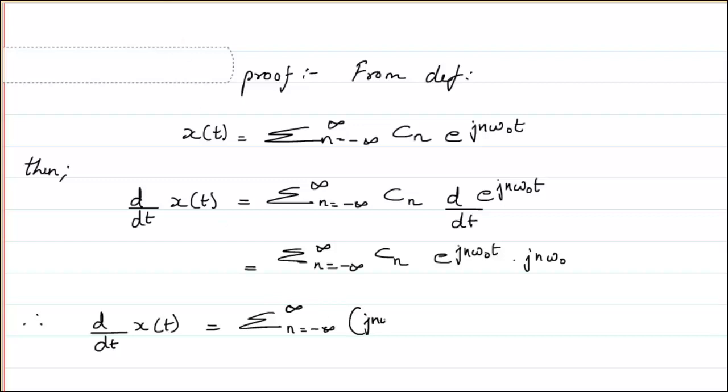So I will write j n omega naught Cn together into e raised to power j n omega naught t, which basically means that instead of Cn now we have j n omega naught Cn, and that was what the property was saying, therefore hence proved.